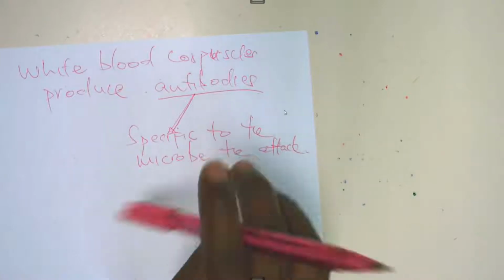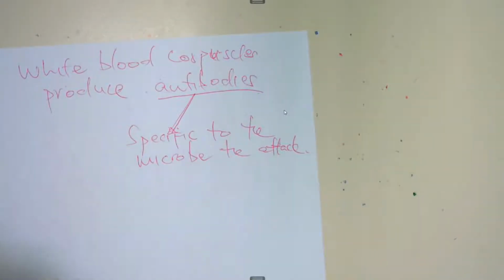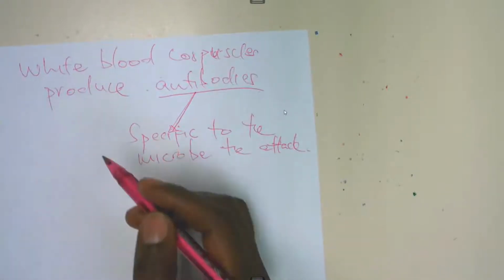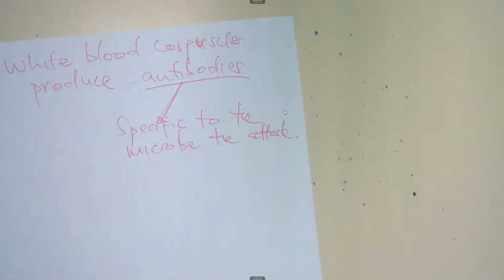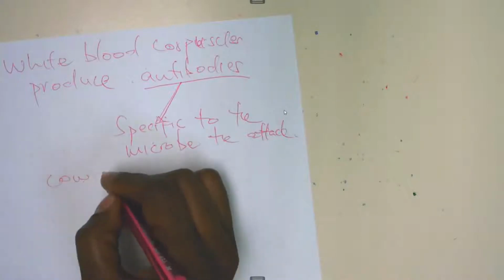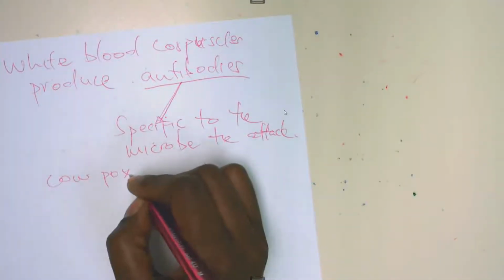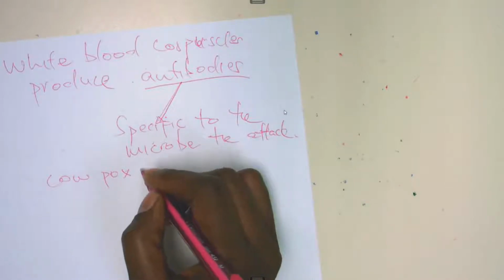But some of the antibodies might be able to fight closely related microbes, such as what? For example, antibodies produced for a disease such as cowpox can also fight off smallpox.